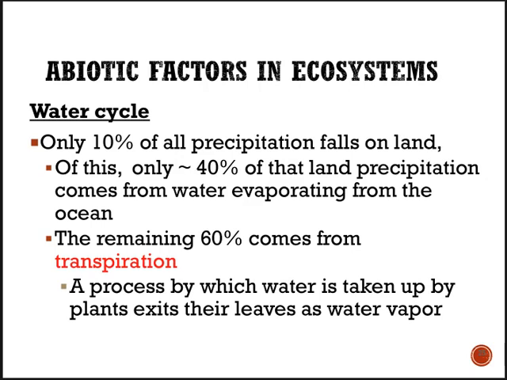And that means that 60% of all rain that falls on the land is actually coming to us from transpiration. As we cut down forests, we significantly decrease the amount of rain that we get. I know it's so weird, but that's exactly what's happening.